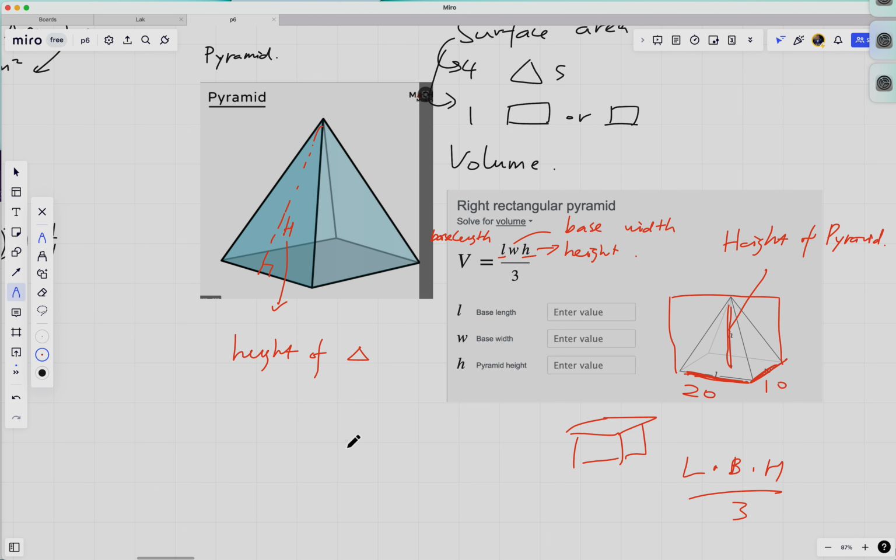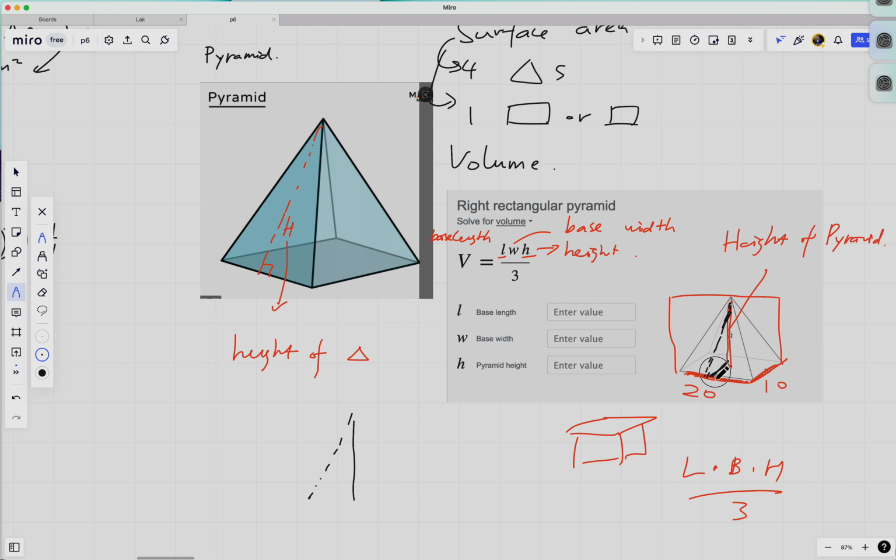So given the height of the triangle, which is here, I'm going to use a different color. We are not doing rocket science. I hope you start to see something. You have the height of the triangle, and then you have the height of the pyramid.